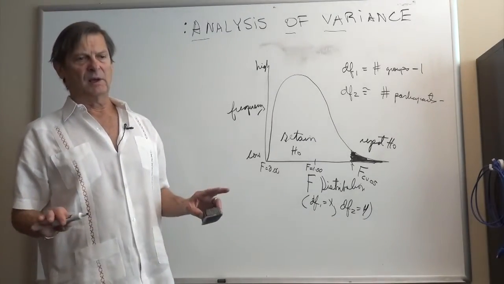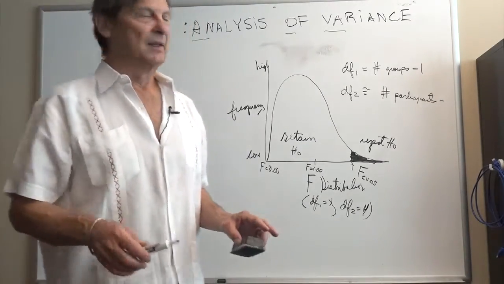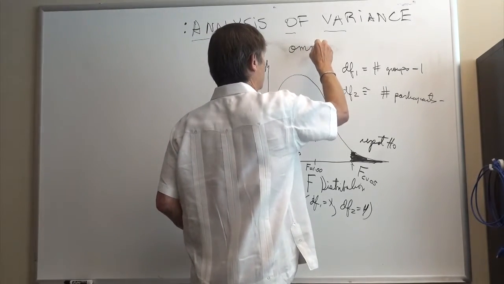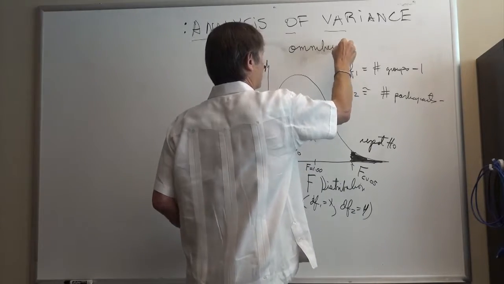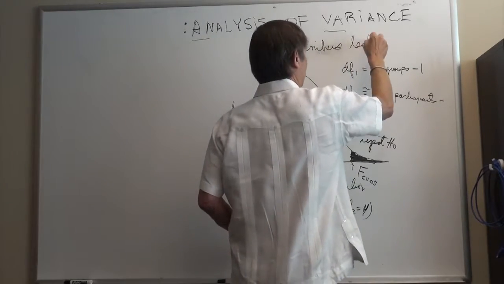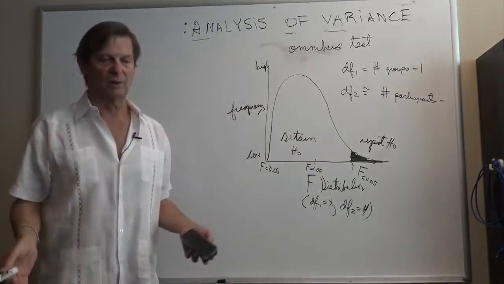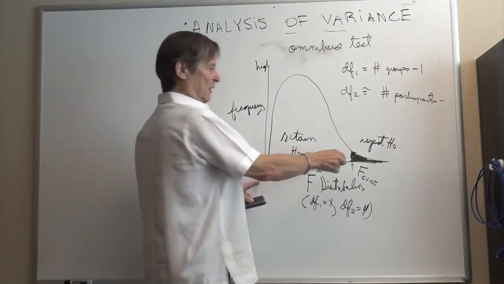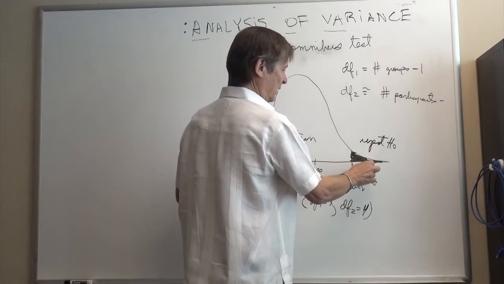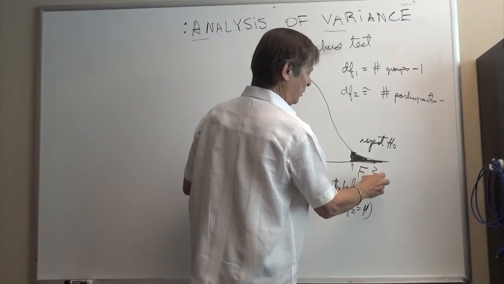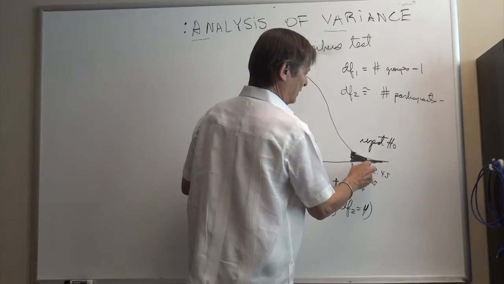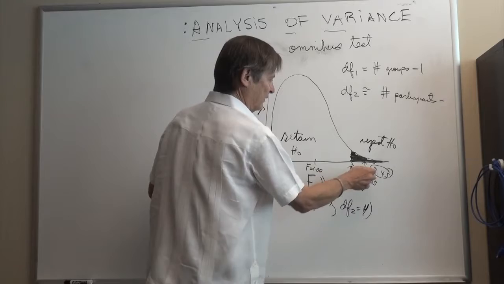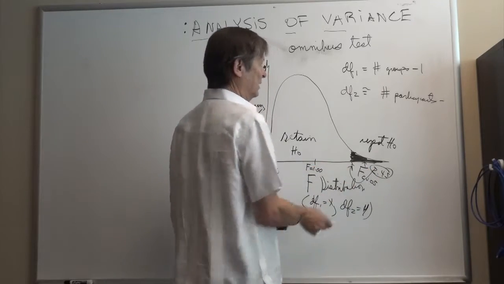Now, the only bad news here is the analysis of variance is said to be an omnibus test. And omnibus means all. What that means for us is, if we plot our obtained F value on here and the critical value is 2.45 and our value is 2.95, then we'll reject the null hypothesis.